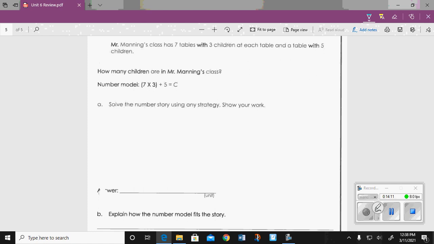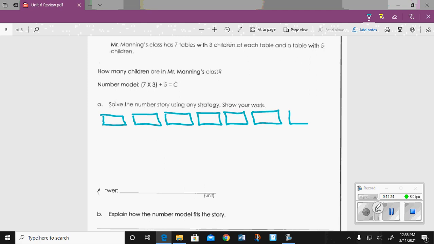All right, so we could just do 7 tables. So if I wanted to show my work, 1, 2, 3, 4, 5, 6, 7, okay, and I have 3 in each table.